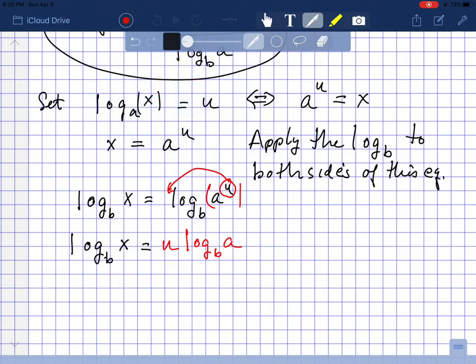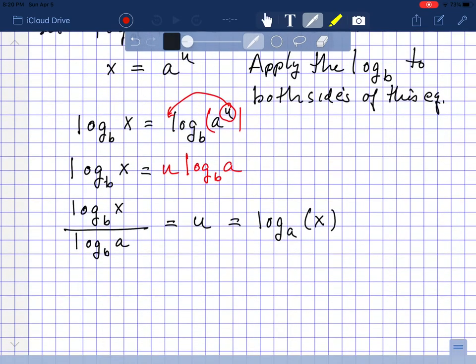So I'm going to write this as u times the log base b of a. And then I'm going to write this as the log base b of x divided by the log base b of a. And this is equal to u. But what was u equal to? u is equal to the log base a of x. And now we're done. We proved it.